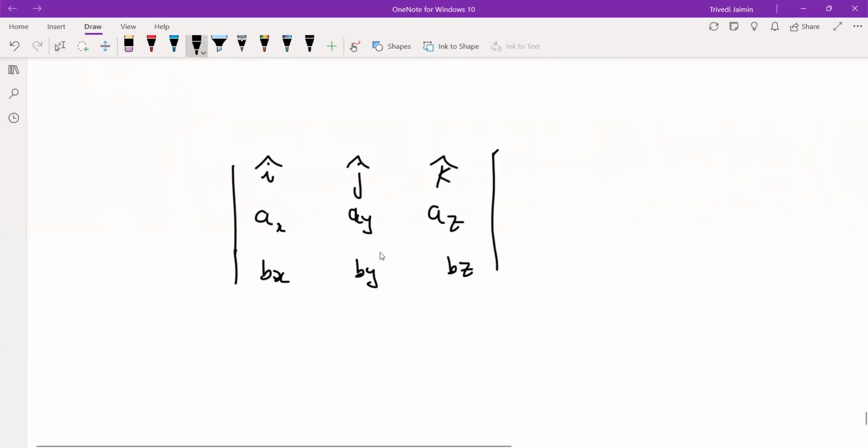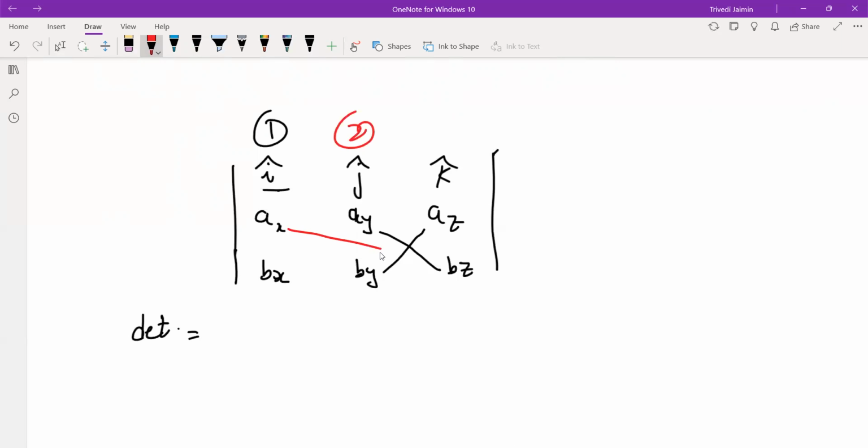Then we can find the determinant. I into this term cross here for I first. For the second, AX into BZ and BX into AZ. For the third, AX into BY and BX into AY.